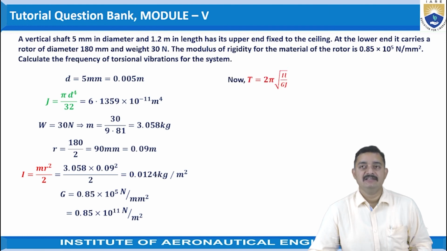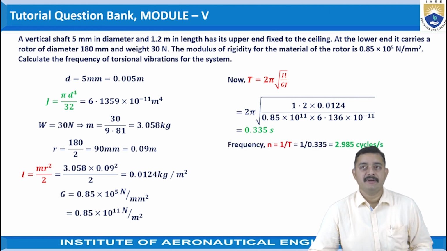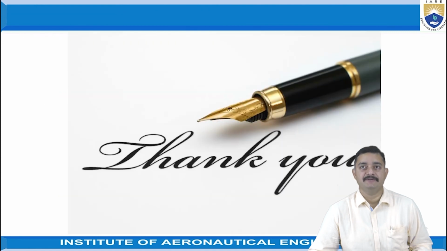Now T = 2 pi under root I L by G J, the time period. Substituting the values, we get the time period as 0.335 seconds, and the frequency is 1 by T, which is 2.985 cycles per second.